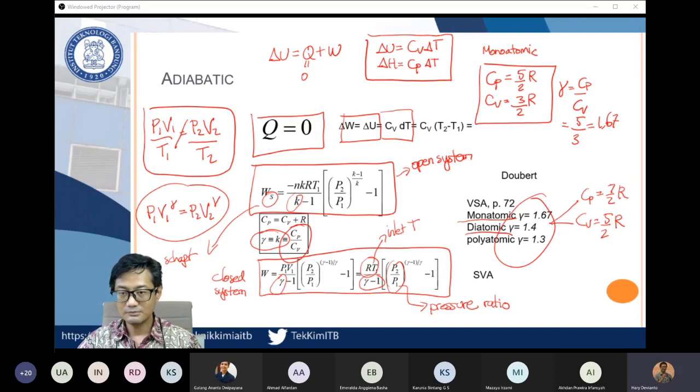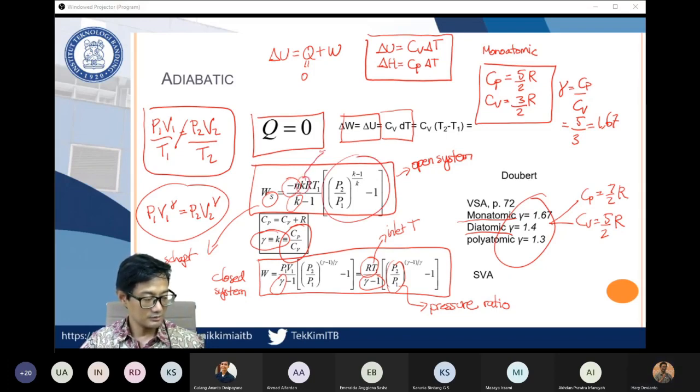That one is the ratio Cp by Cv. And we can neglect this one if we consider n as 1 mole, so we can eliminate that one. R T1, P2, P1, everything is the same. The only difference is there is an additional K in this part that you cannot find here. No gamma in this area.